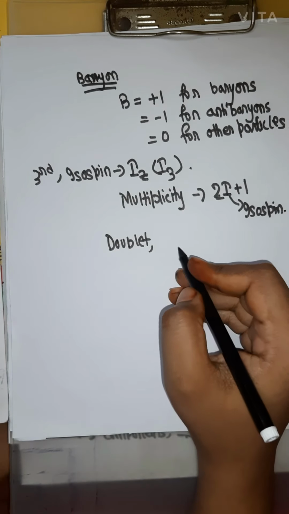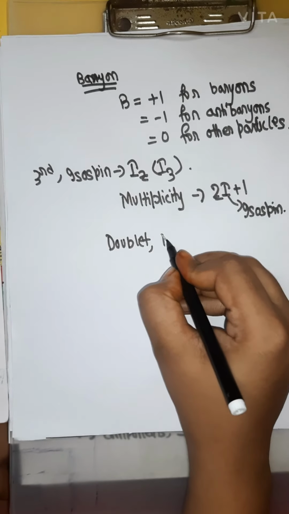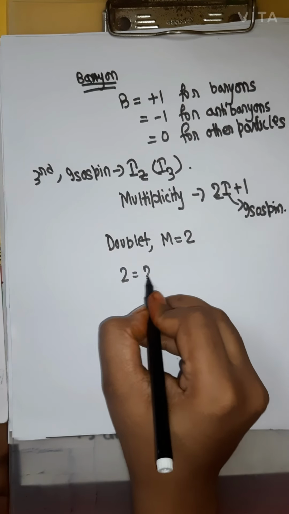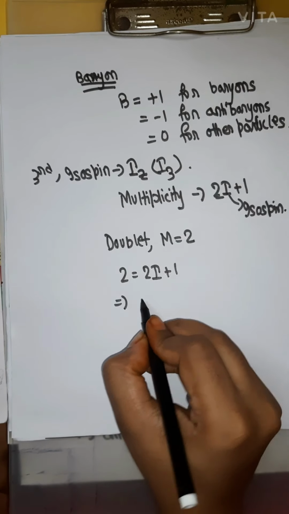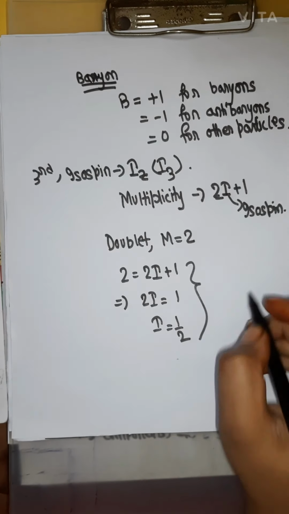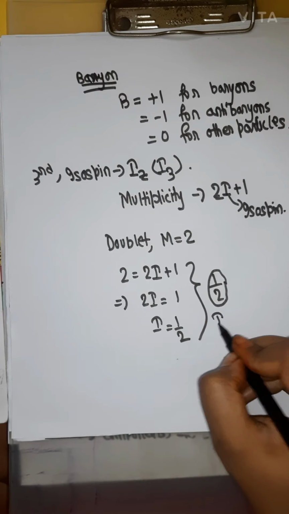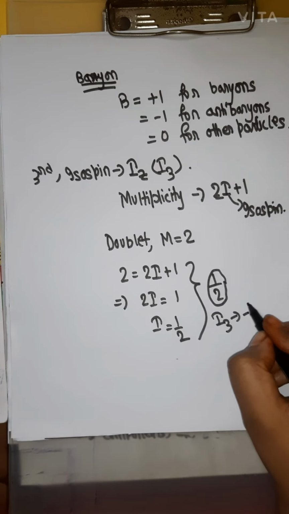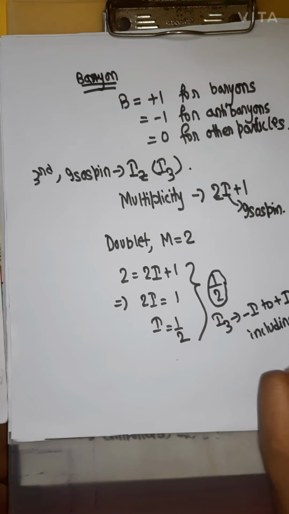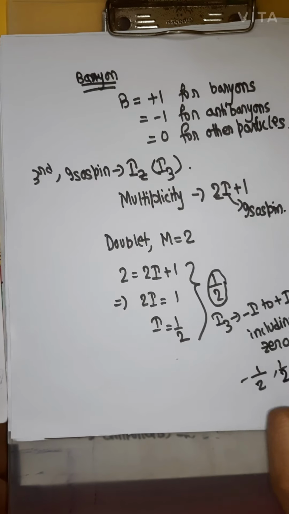So in doublet we have multiplicity 2, so 2 is equal to 2I plus 1, which implies 2I is equal to 1, I is equal to half. So for nucleon we have I equal to half, and I3 runs from -I to +I, so we will have -1/2 and 1/2.